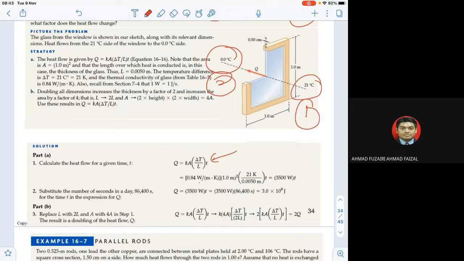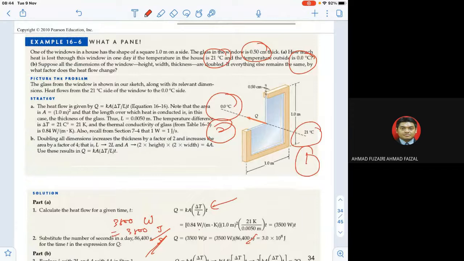Remember, 3,500 is in joule per second. So we need to cancel out the time in seconds, so only joules are left. So the answer is 3 times 10 to the power of 8 joules.